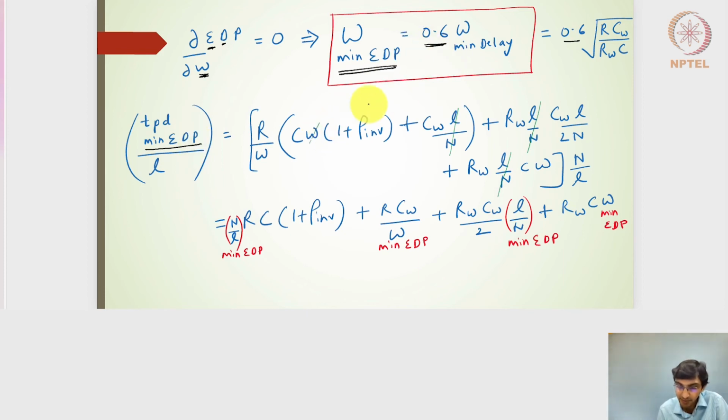If I put these parameters, 0.6 and L by N, which is 1.7 times the L by N for the minimum delay, in the same way as we extracted the delay per unit length for the minimum delay parameters, we use the same expression, but just change it to the minimum EDP point. So L by N here and here, and W here and here. Now we put in the optimized parameters for achieving the minimum EDP.